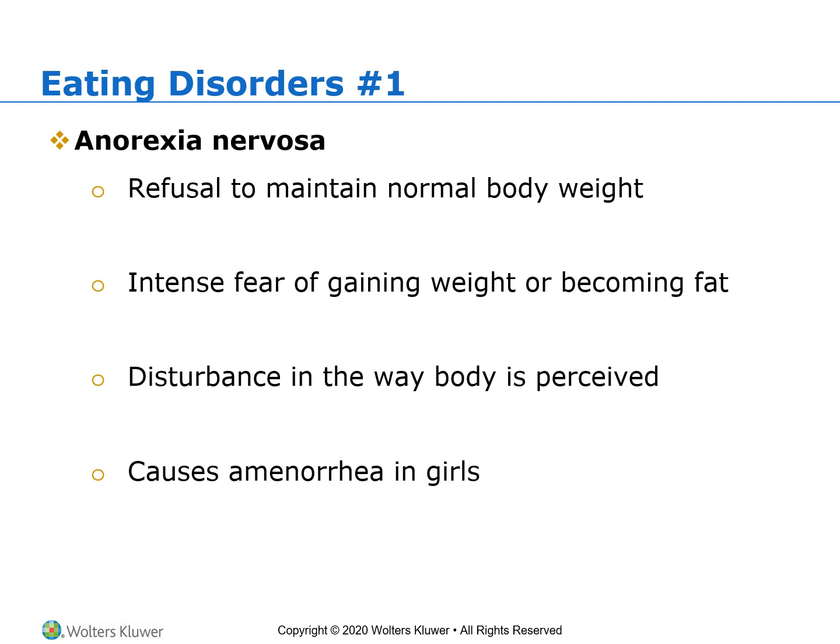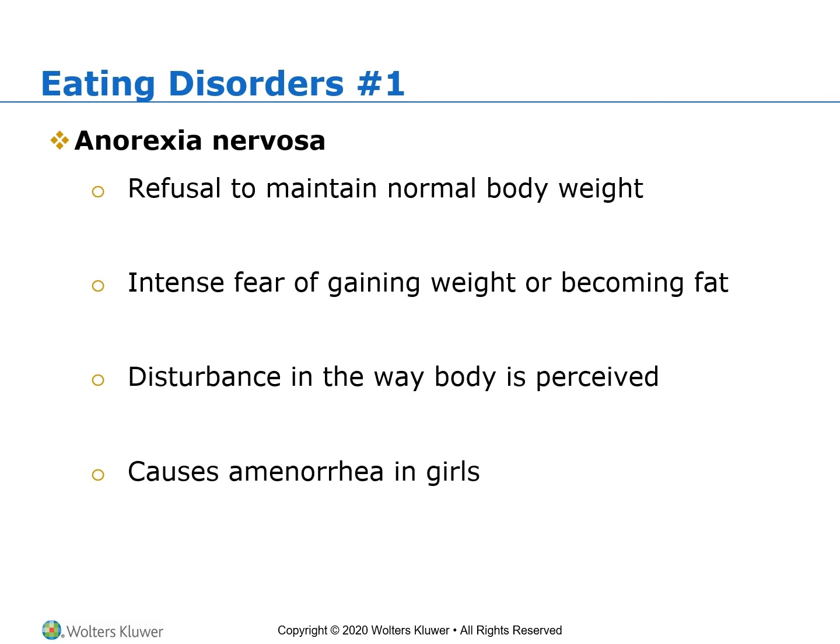Then when we get to eating disorders, we see that they affect almost 30 million Americans of all ages, irrespective of the gender. And these illnesses, anorexia nervosa, bulimia nervosa, binge eating disorder, are disturbances in eating. The underlying cause is a psychological disorder.